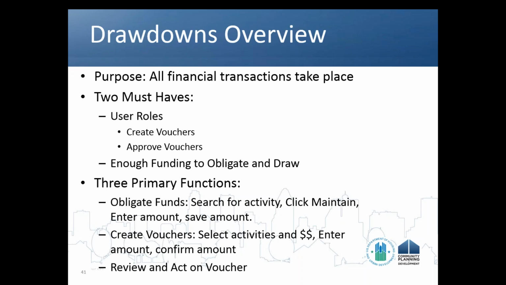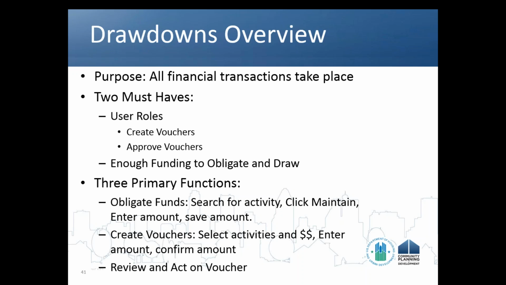The system makes you do something twice. In the system for vouchering, you're going to have one person create the voucher and another approve the voucher before it's sent off to LOCCS and Treasury. That allows you as a team and as a grantee to ensure that you are requesting the right funds, so there are no manual errors.